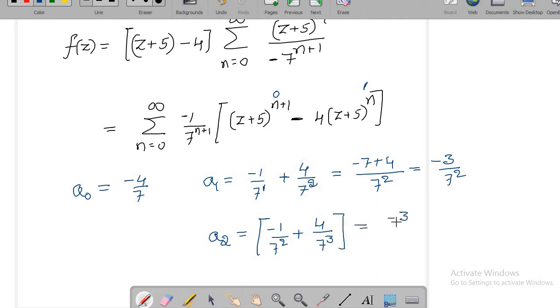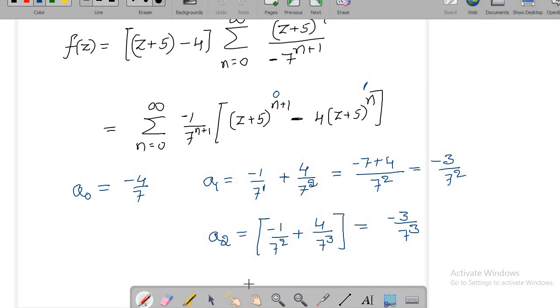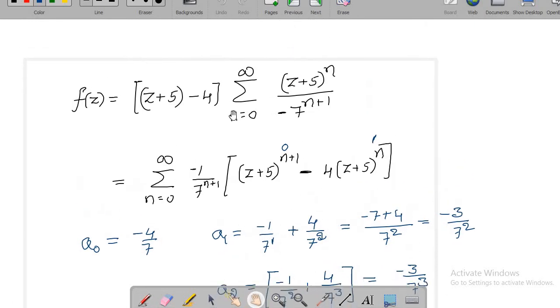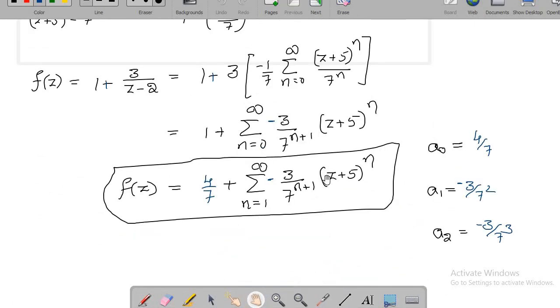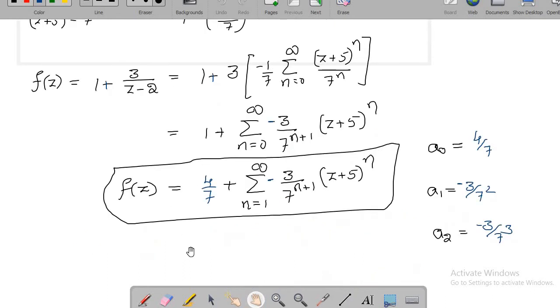So this is same as negative 3 by 7 cube. Okay, so whatever coefficients we are getting here and here, both are the same, they are not different. Both expansions are correct. But here it is easy to recognize an, whereas here you can do some work and you can get into this form.